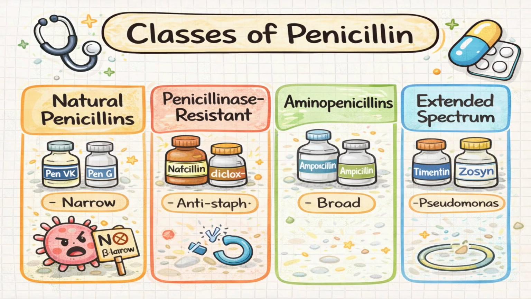Penicillins are divided into four main classes: the natural penicillins, penicillinase-resistant penicillins, aminopenicillins, and extended spectrum penicillins. Knowing these classes will help predict spectrum of activity, resistance patterns, and clinical use.